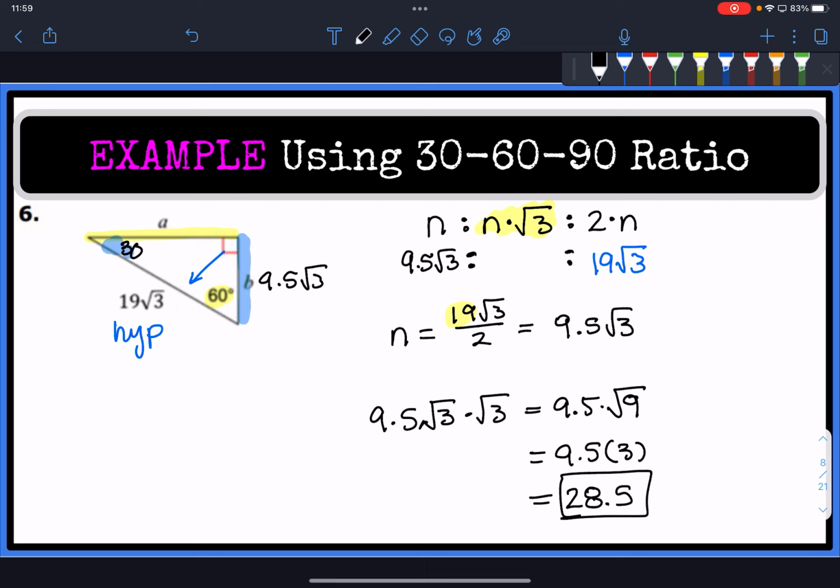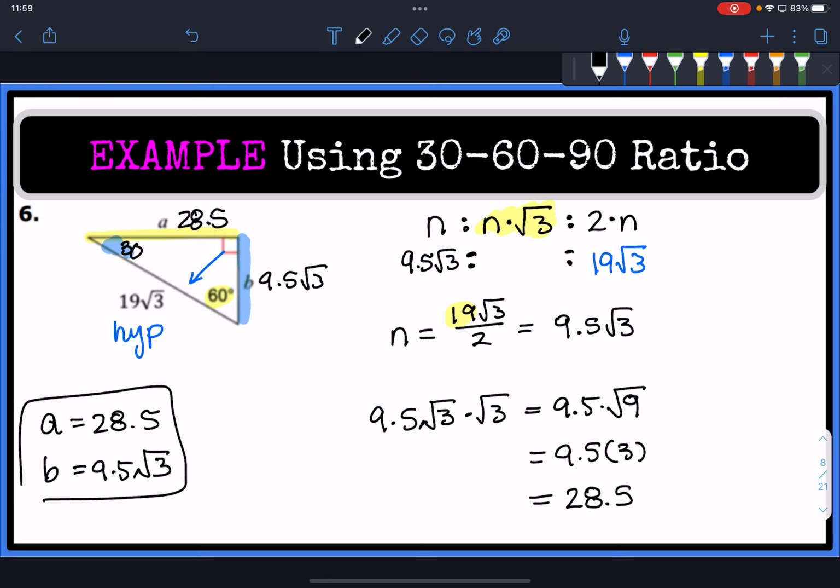So this is the answer to this side right here. So the value of A is 28.5 and the value of B is 9.5 times the square root of 3. So those are the two missing sides.